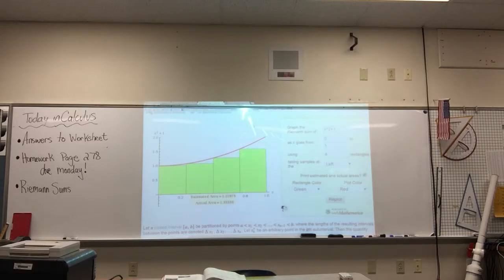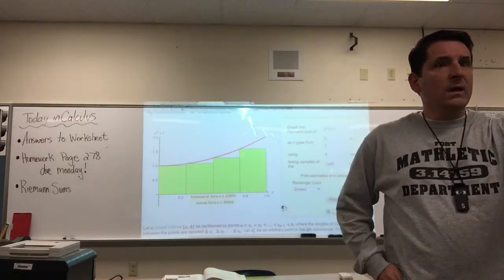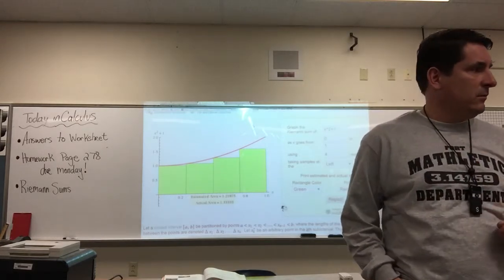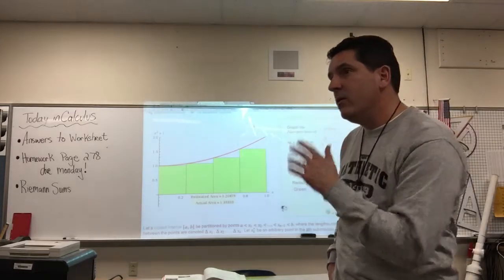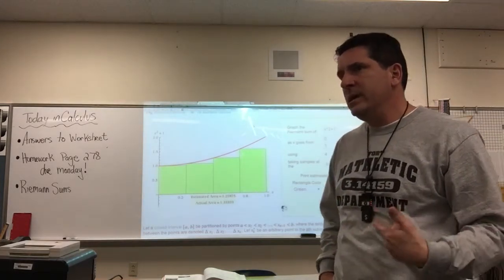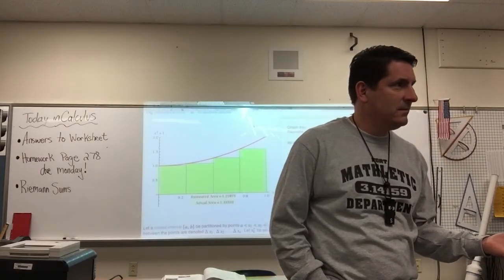Go back to why we're doing this. How does the calculator do it? It uses Riemann sums to calculate the answer here. And some of you might say, well, why do we need to know it if the calculator is going to do it for us anyway?